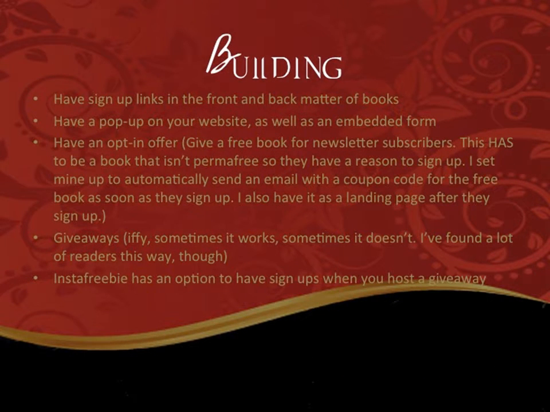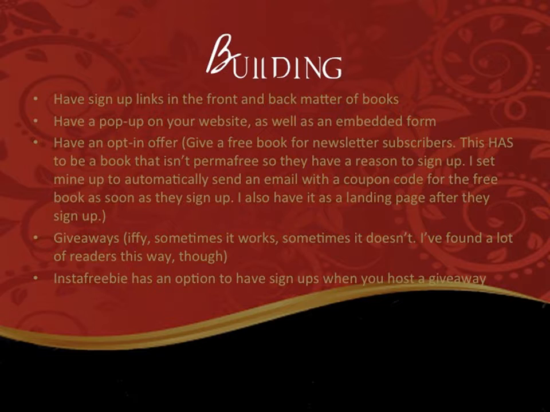Now that we've gone over campaigns and everything, we're going to talk about how to build your list a little bit. Have sign-up links in the front and back matter of your books. I just have a little line that says sign up for email updates and get a free copy of Entangled Souls. So that way they know they get a free book and they're signing up for updates via email.